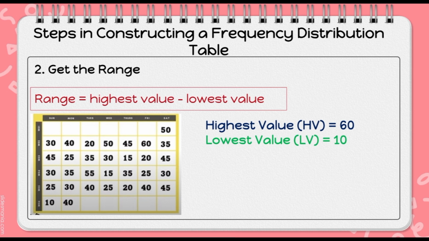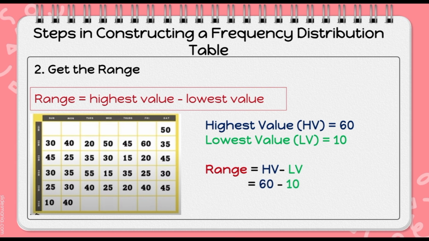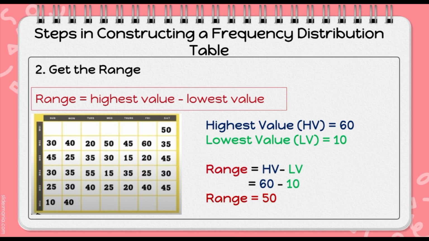Applying the formula, 60 minus 10 is equal to 50. Therefore, the value of our range is equal to 50. Remember this because we will be using it in our next step.